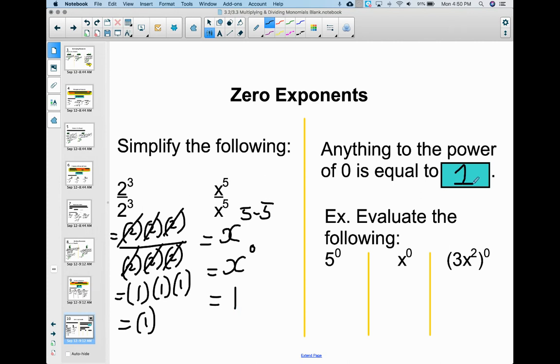Okay? 5 to the power of 0, 1. x to the power of 0, 1. 3x squared, and this entire thing, remember those brackets, to the power of 0 is also 1. You can have a trillion to the power of 0, and the answer will be 1.